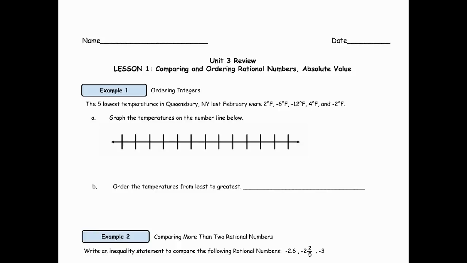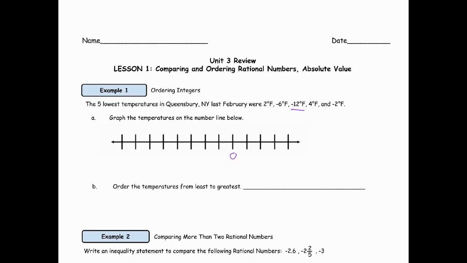So when we number our number line, I want to think about where I want to place the 0, and because that -12 degrees Fahrenheit is going to be located so far to the left on the number line, I'm just going to position the 0 to the middle, or even just a little bit to the right there.